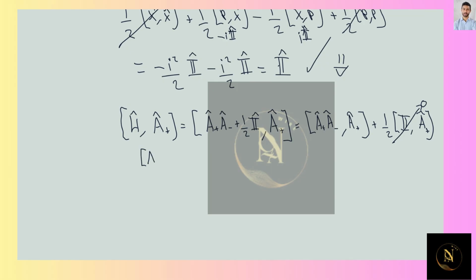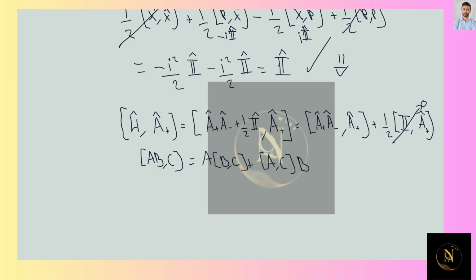So remember that a commutator of AB with C, applying some commutator algebra, is equal to A times the commutator of B with C plus the commutator of A with C times B. Let's apply these rules.